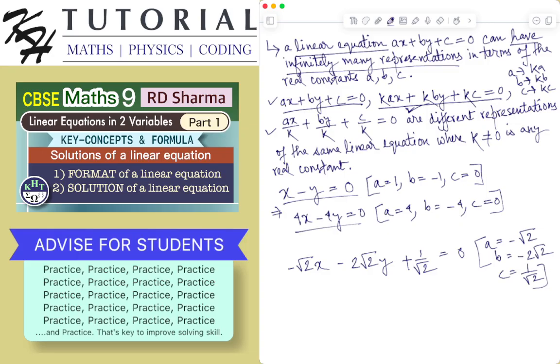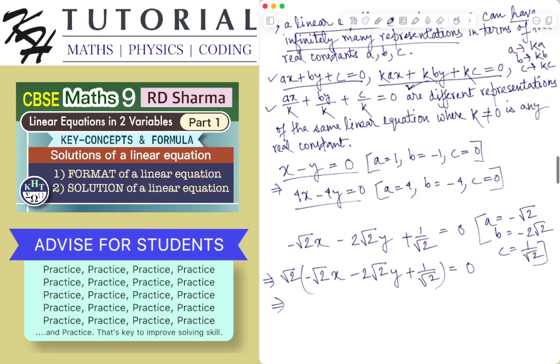If I multiply both the sides of this given linear equation by root 2 and simplify the LHS, I will have minus 2x minus 4y plus 1 is equal to 0.